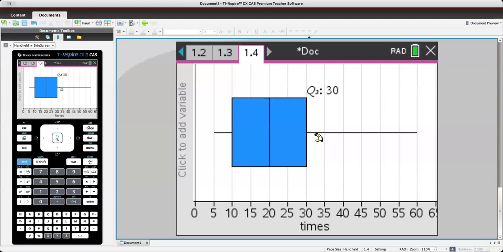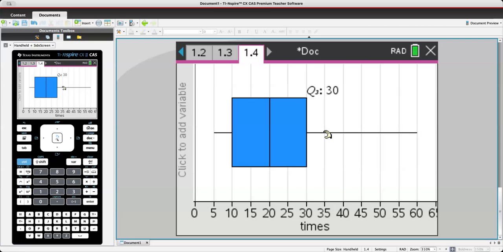Look at this line. Since this line is much longer than this line because of the maximum here at 60, we can say that this distribution is right skewed. If it were shorter, let's say it ended right there, then I would say that it is roughly symmetrical.